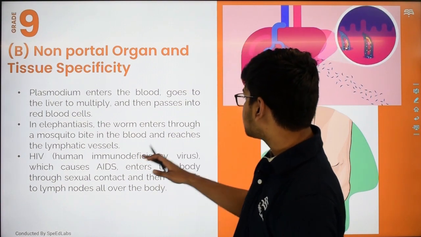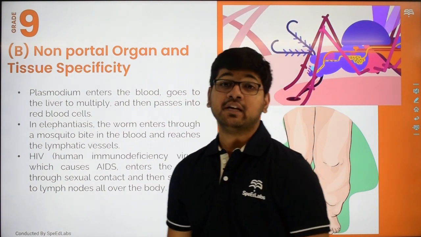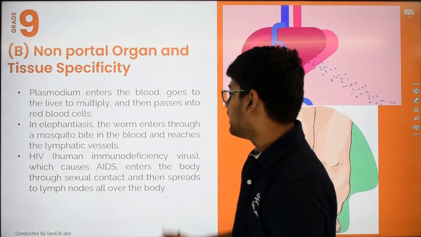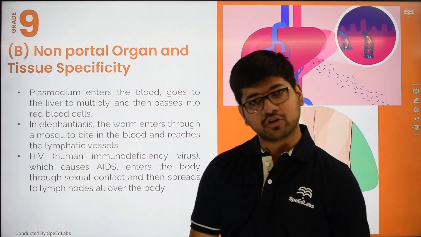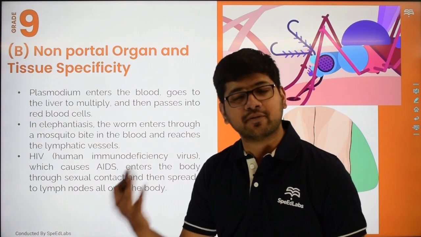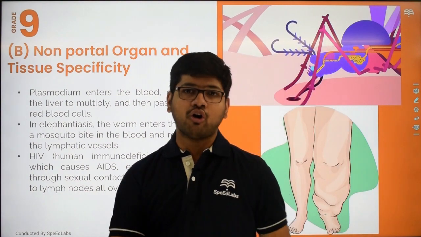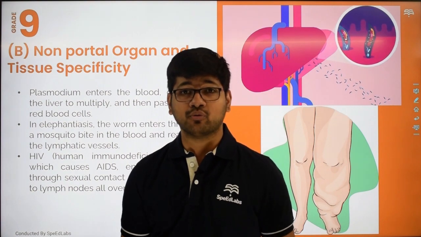In elephantiasis, the worm enters through a mosquito bite and reaches the lymphatic vessels. That's why the swelling occurs. So the lymph part gets affected. Now HIV, which causes AIDS, enters the body through sexual contact or the other mediums that we have spoken about, and spreads into lymph nodes all over the body. That's why our immune system is compromised.